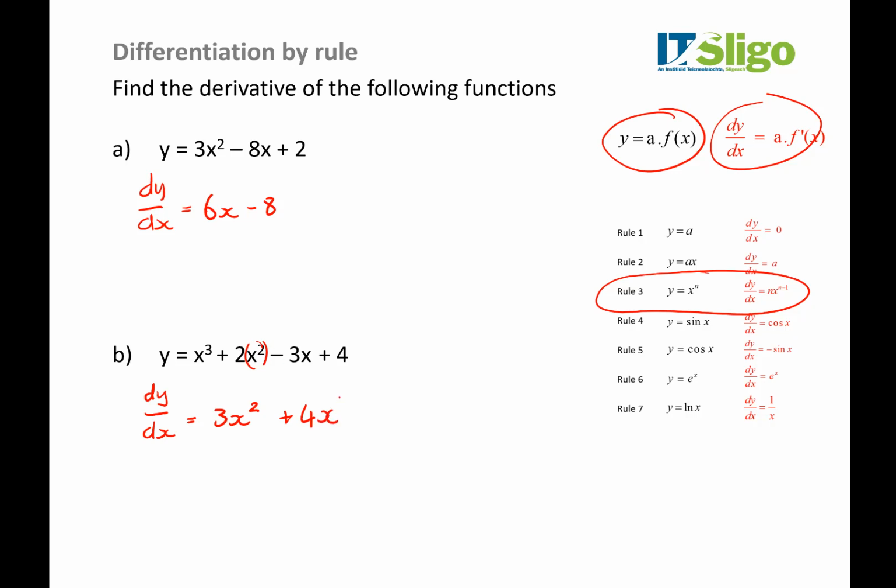Add minus 1 to the old power and it's x to the power of 1, which we would leave out. Minus, any sign stays. Now we're using rule 3. Minus 3x just goes to minus 3. And the constant term is using rule 1. So once you get used to it, guys, it can be very quick to find your derivative. And this red equation gives us the slope of the black equation for any value of x.